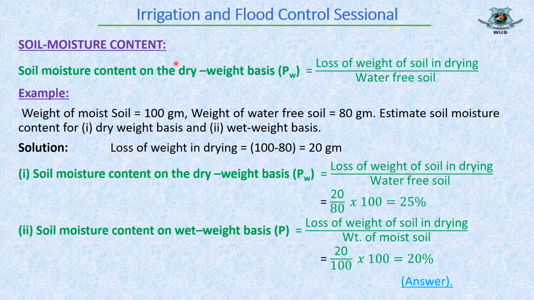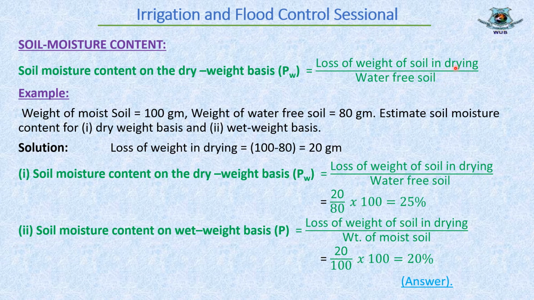Soil moisture content. That means the moisture or water present in a specific soil. The soil moisture content can be calculated using this equation, and this is generally on a dry weight basis. Soil moisture content on the dry weight basis, Pw, equals the loss of weight of soil in drying divided by the weight of water free soil.